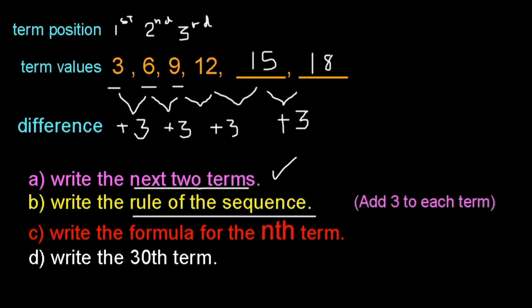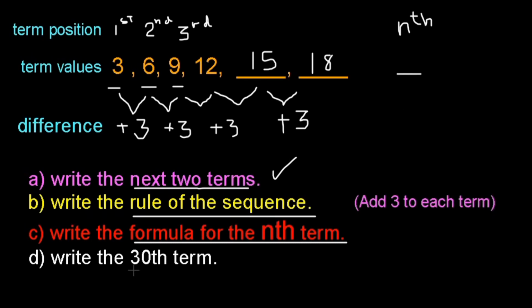Write the formula for the nth term. When the terms are multiples, when the sequence is of multiples, then finding the nth term becomes very, very easy. How? The nth term means any term of the sequence.